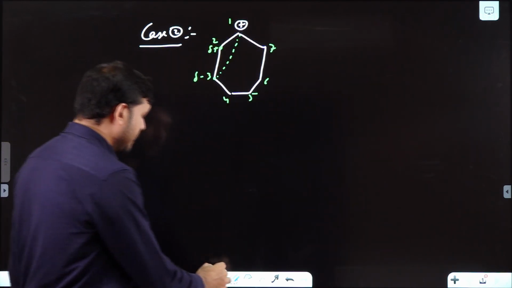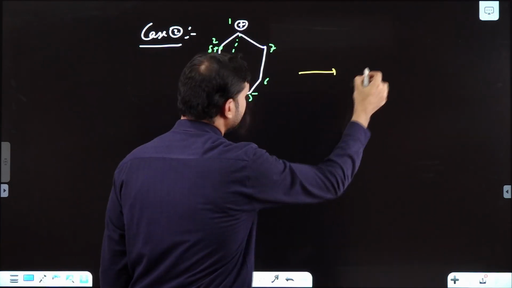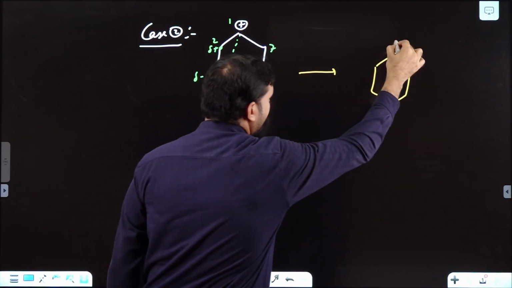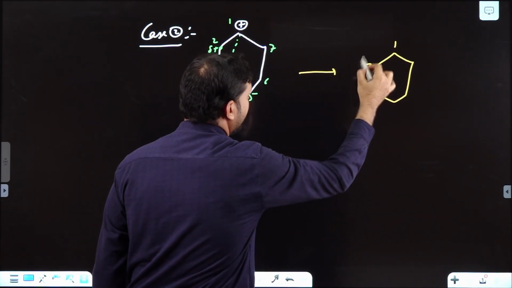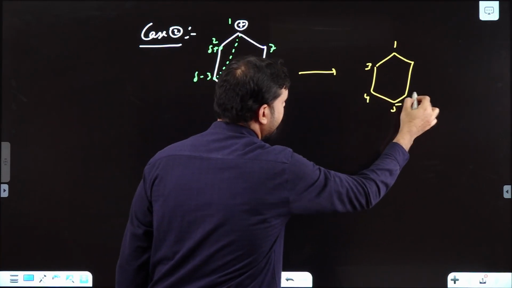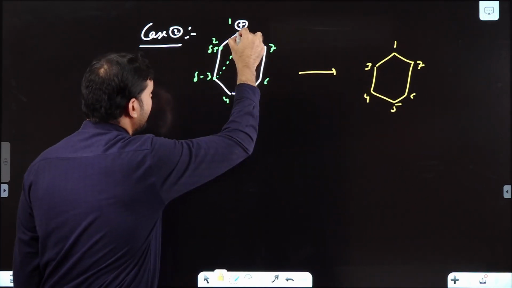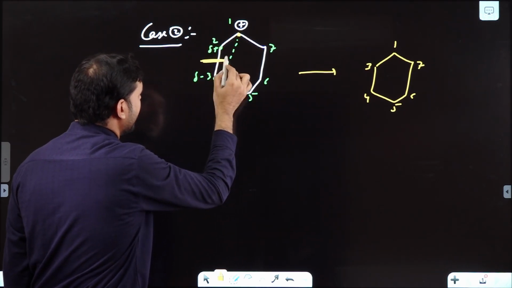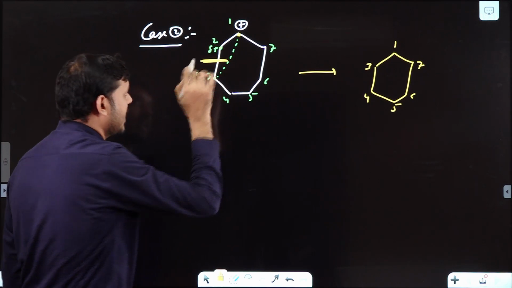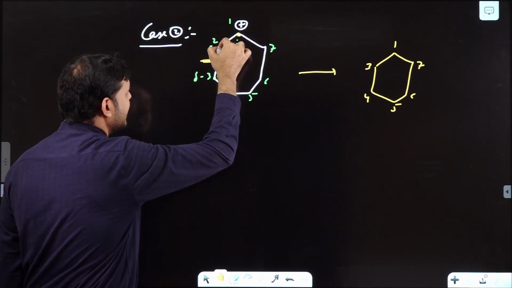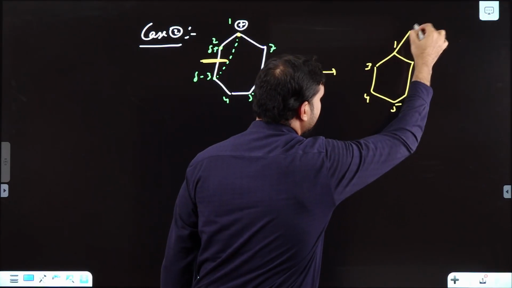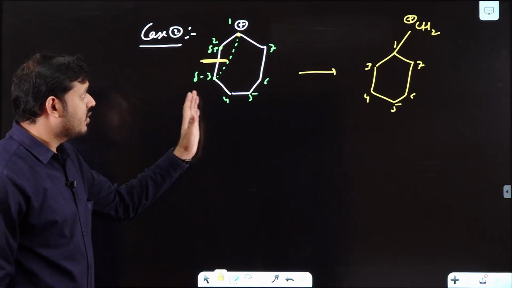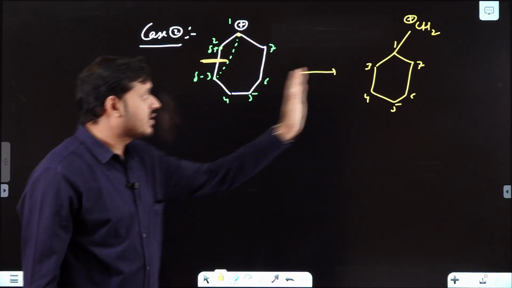You will make a 6-membered ring first of all. So what did you do? You joined 1 with 3, okay, 4, 5, 6, 7. Now from carbon number 1, this is outside. How? You broke this bond, okay, such that it is 2, it is 3, it is having a delta negative part. So this carbon is having CH2 plus. Okay, clear to you? So from ring contraction you made this carbocation.